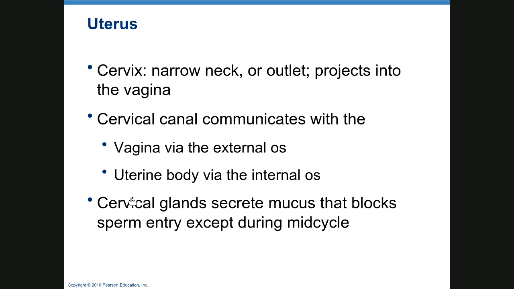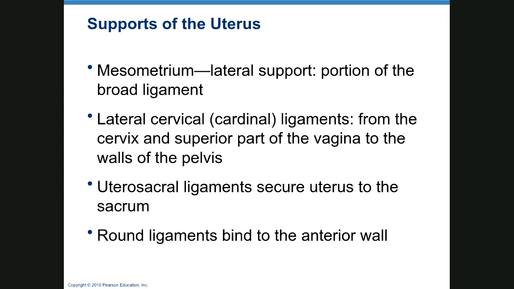And the cervix has glands that secrete a thick mucus, and that mucus prevents sperm from entering except when you're ovulating. And really, if you're pregnant, you don't really want a bunch of anything going up into that pregnancy and messing around with it.